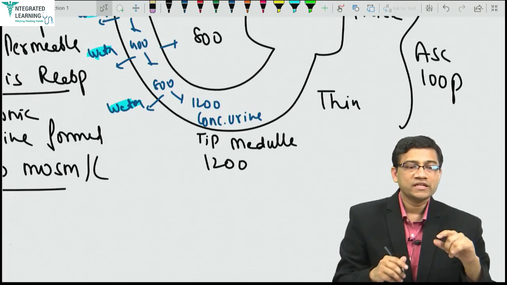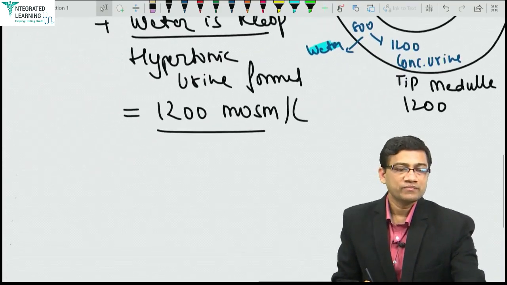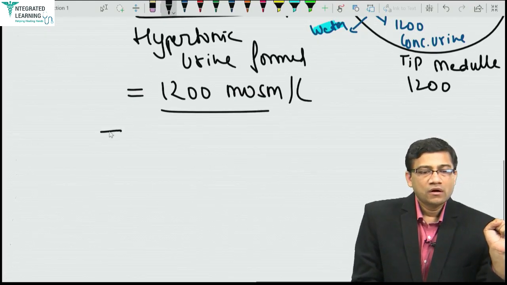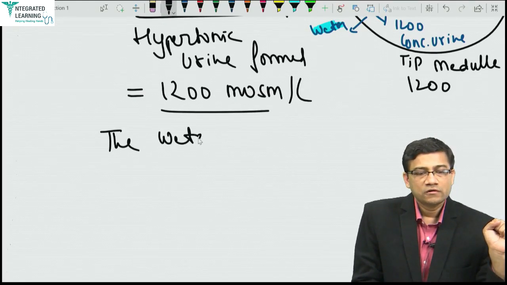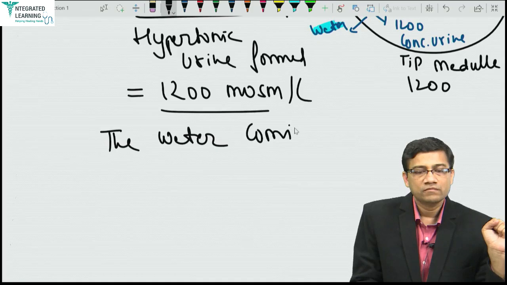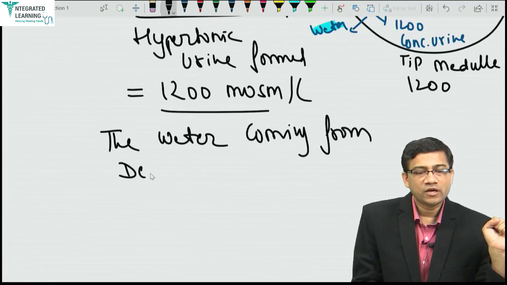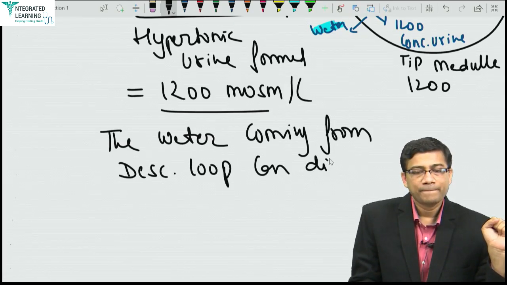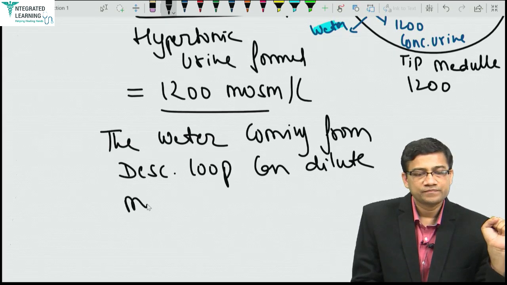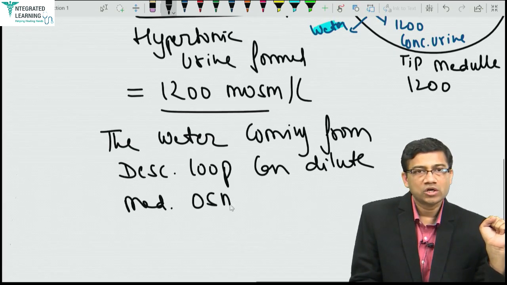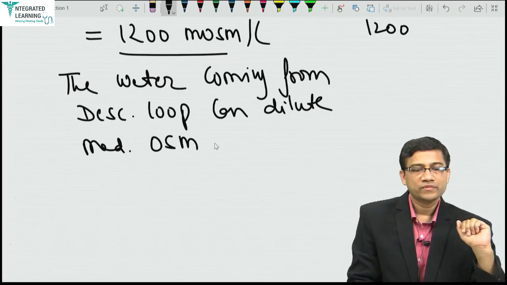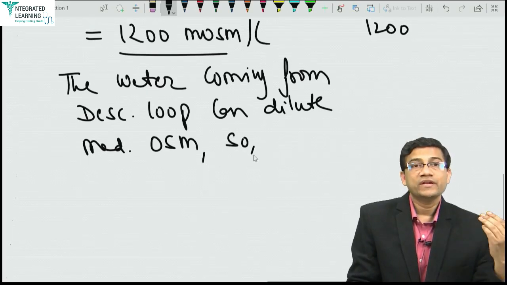So write down below: the water coming from descending loop can dilute medullary osmolarity. So we need someone to remove it.